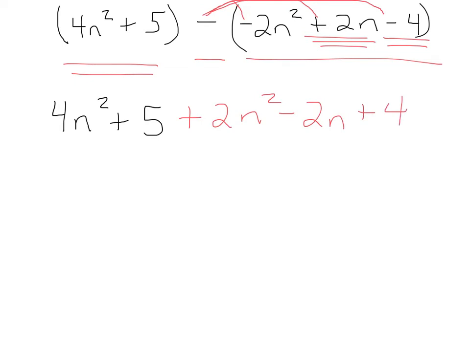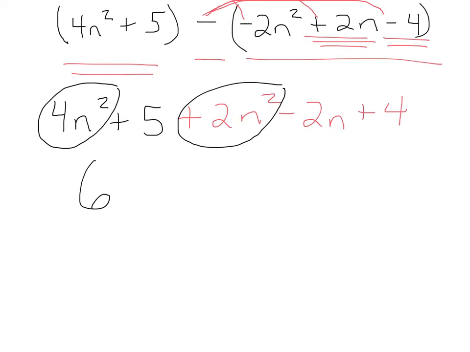So here are all your terms lined up. Let's go on the hunt for any like terms. I found a couple, including the sign. You've got positive 4 and 2n squared. Together, we call it 6n squared. And we're going to write this in descending order of exponents on the variable.